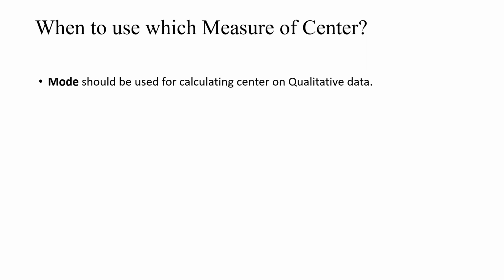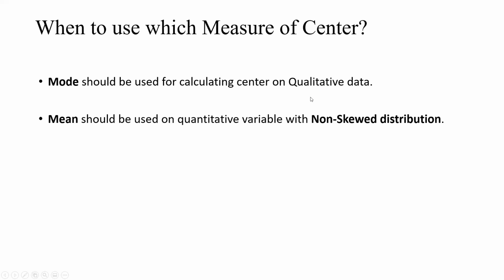Mode is mostly used on qualitative data, and mean should be used on quantitative data, but the distribution has to be a perfect distribution.